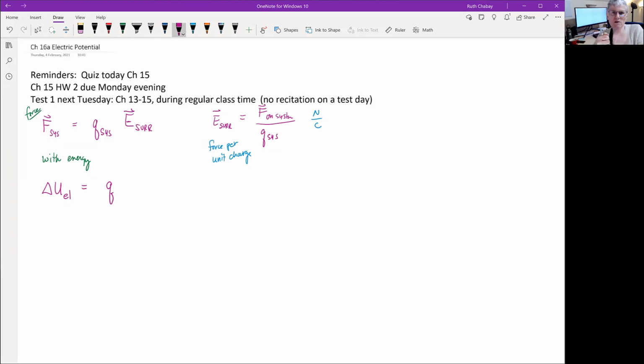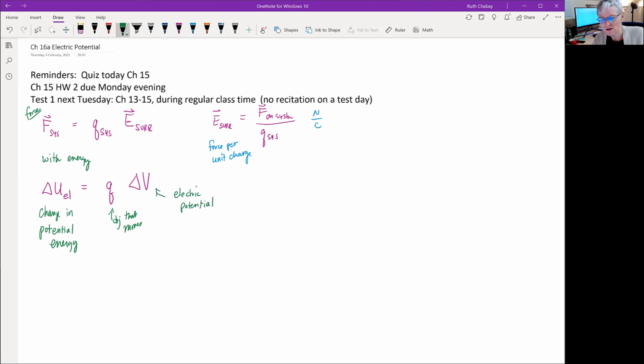Things got farther apart or closer together or whatnot, times a change in some quantity called the electric potential. So this is the charge of the object that moves, this is the change in electric potential energy, and this is called the electric potential.